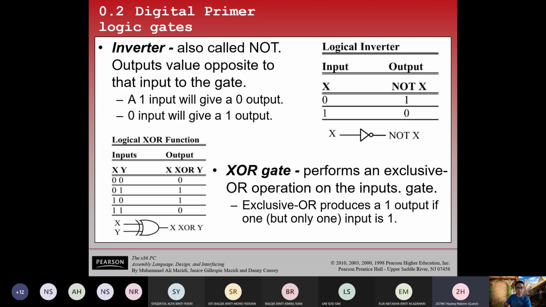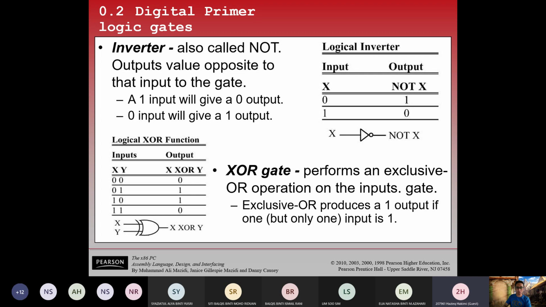Then we have the inverter. The inverter is simple: we just invert the signal. If it's 0, it becomes 1. If it's 1, it becomes 0. Then exclusive OR. OR gives you the result of all ones except for 0 and 0 input.